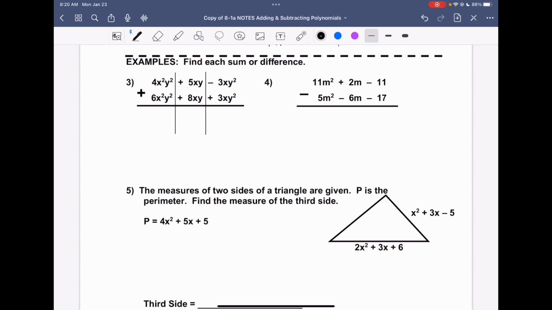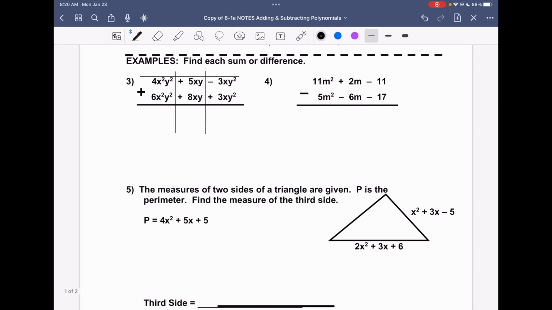I just make sure we take the sign in front. So this is your x squared y squared, your xy's, and your xy squareds. Okay. And remember, I can only add those that are alike. So then now all I'm doing is adding the numbers in front with their signs, by the way.